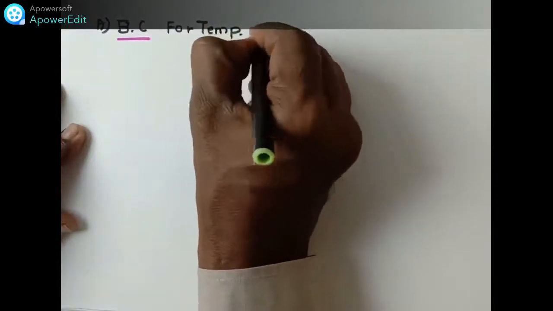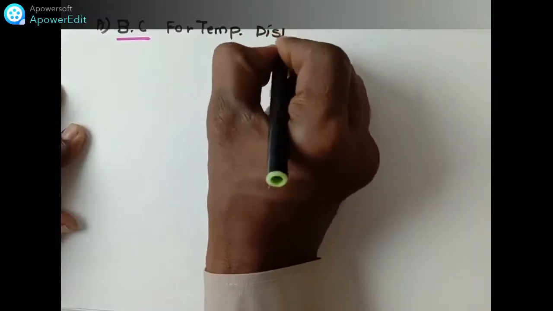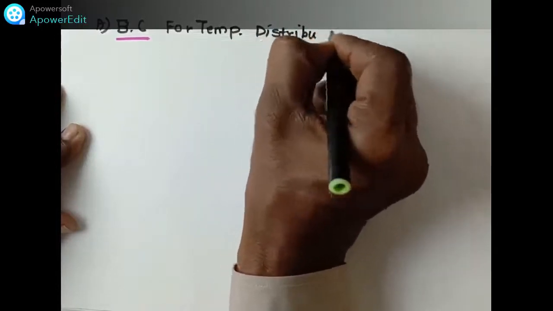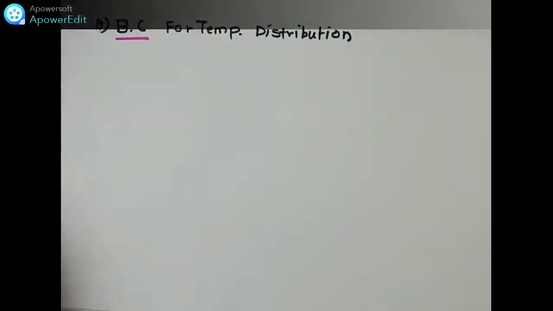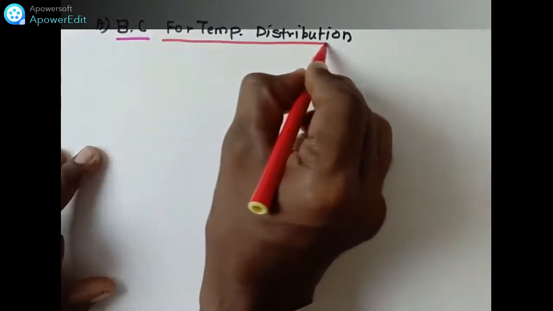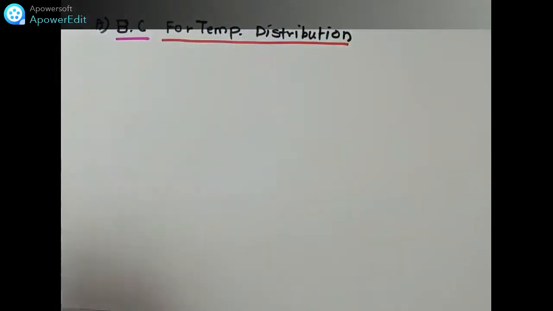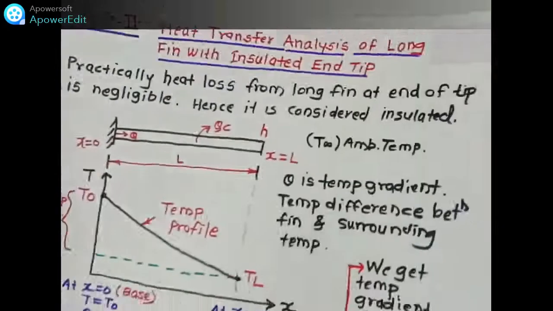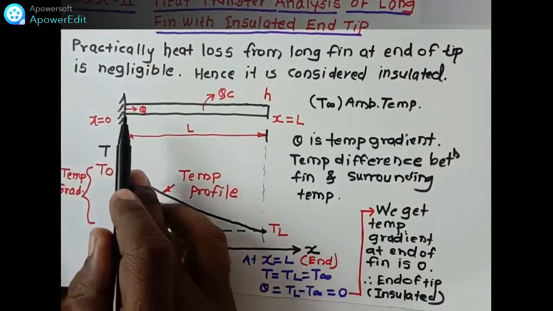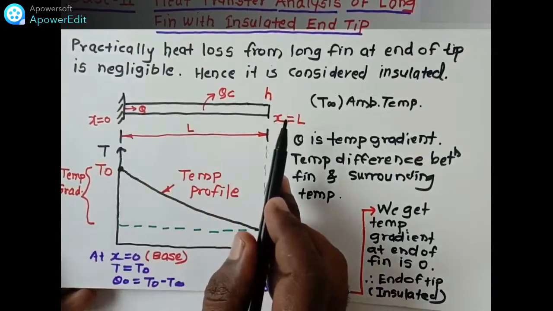So here for temperature distribution, there will be two boundary conditions as we already have discussed, at the base and at the tip.